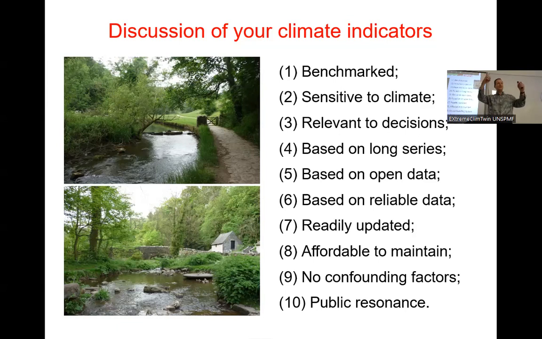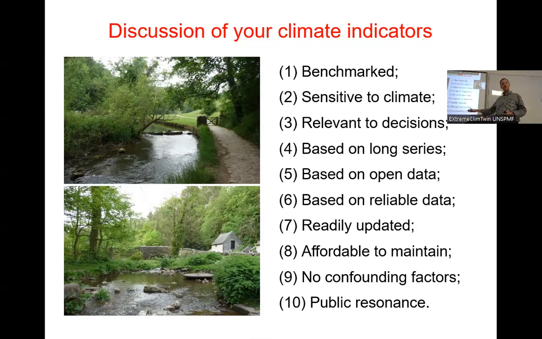A sentinel site is a location that gives you a really early warning and is immune from artificial influences. These are often in headwaters, if we're talking about river systems, or out in semi-natural landscapes where the human influence is less. But no confounding factors is a hard one to address.